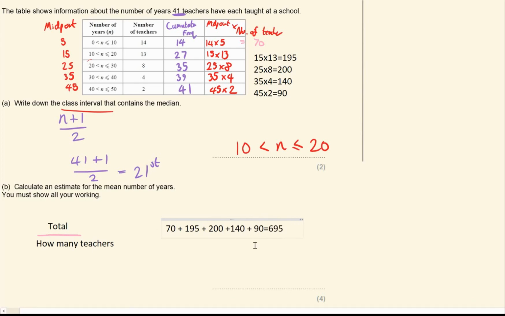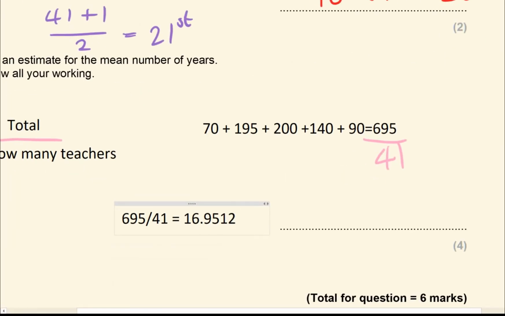And how many teachers? That was 41. We're told that in the question. You could also just add up all these numbers together, and it would also give you 41 if you're not given that information. So therefore, to work out the mean, we just do 695 divided by 41, which comes out as 16.9512. For most questions, that's fine, leave it as the answer.